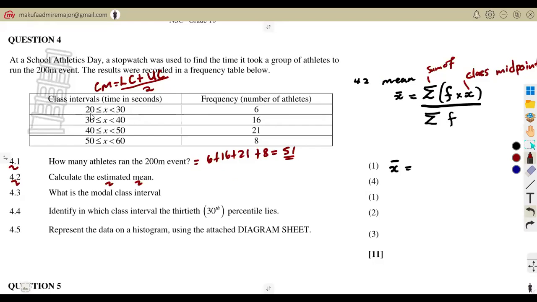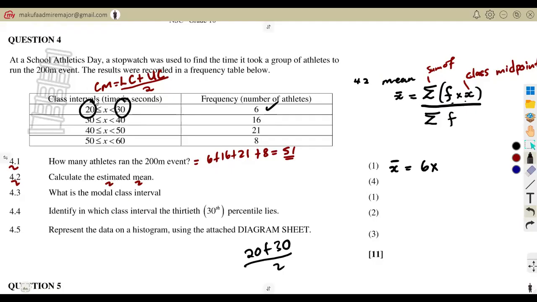So for the first class, the frequency is 6. Remember, frequency times class midpoint. So 6 times class center. You add these two values. Divide by what? By 2. 20 plus 30, divide by 2. Or you can even see the number that is between. That is what we say.